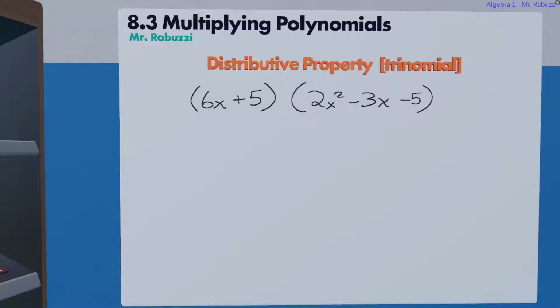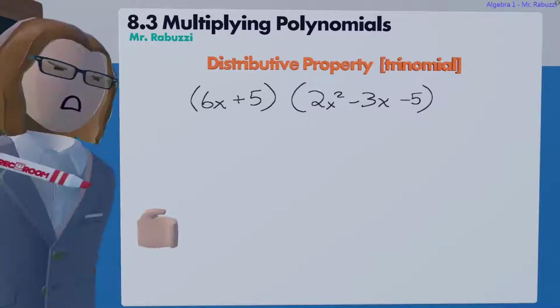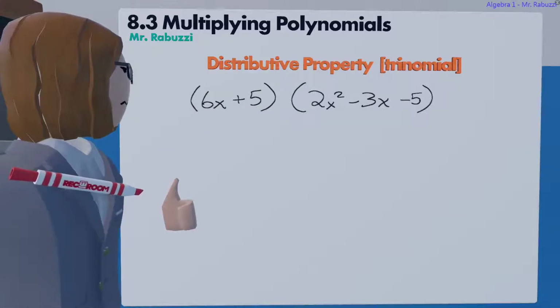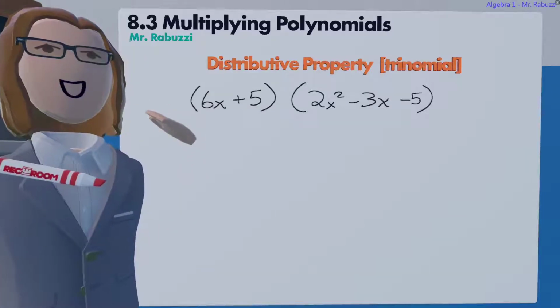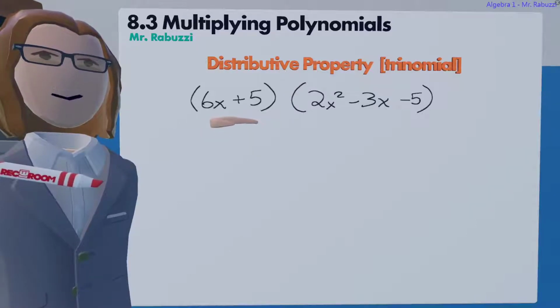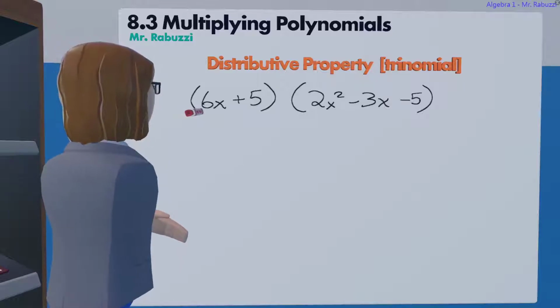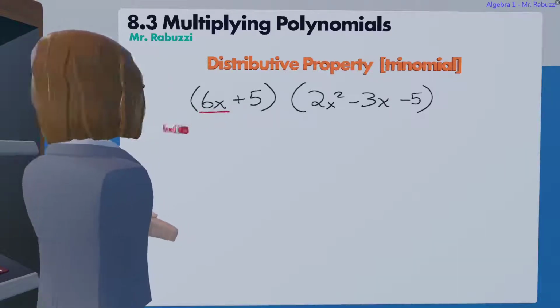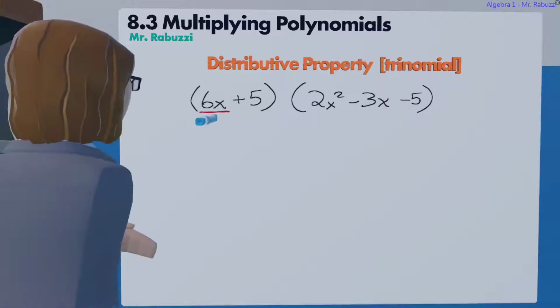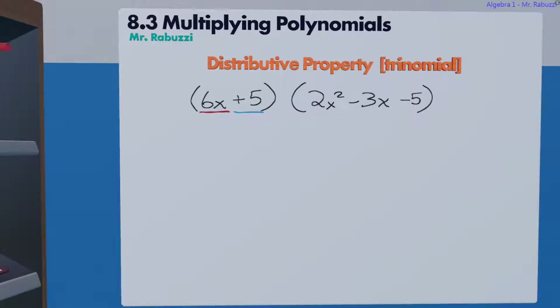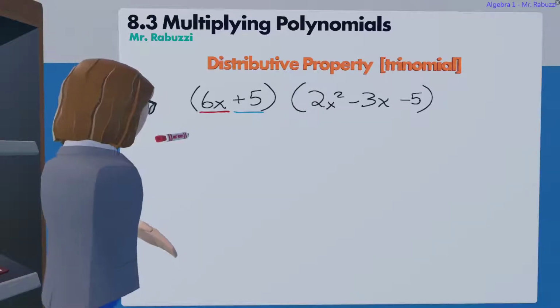But we can use the same idea from distributive property that we did on the other board, right? We will look at the first term that we're multiplying, this binomial here, and we'll split it up. We have our red term and our blue term. Okay? Start with the red term, 6x.